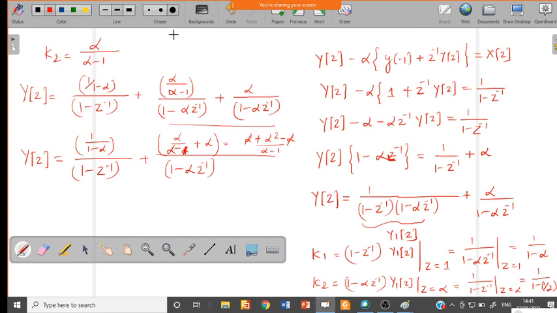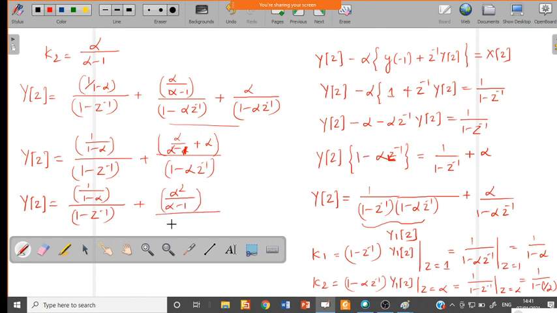Okay, so in the next step we can rewrite that as y of z, which is equal to 1 by 1 minus alpha divided by 1 minus z inverse, plus alpha square minus alpha plus alpha will get cancelled, alpha square by alpha minus 1, divided by 1 minus alpha z inverse.